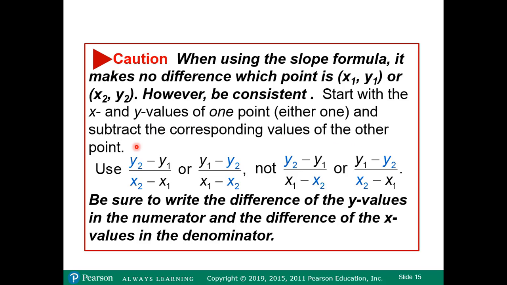You can do either, as long as you're consistent. If you do y2 minus y1, then you have to do x2 minus x1 on the bottom. If you do y1 minus y2, then you have to do x1 minus x2. If you do anything else, you're going to have the wrong answer. That's it.